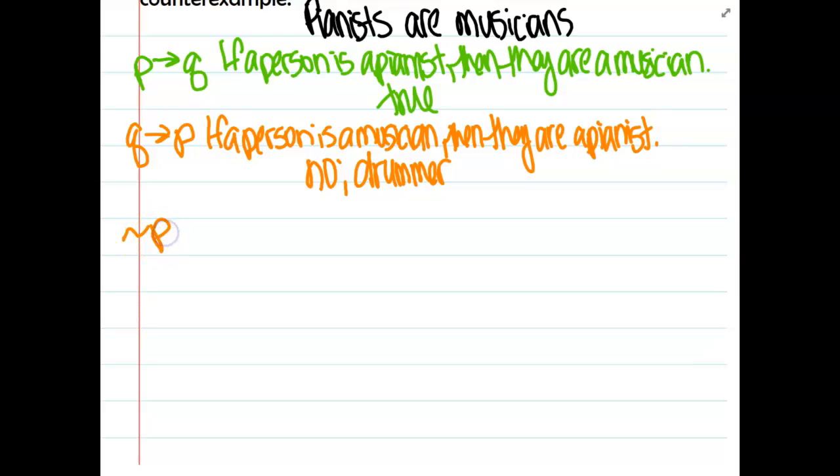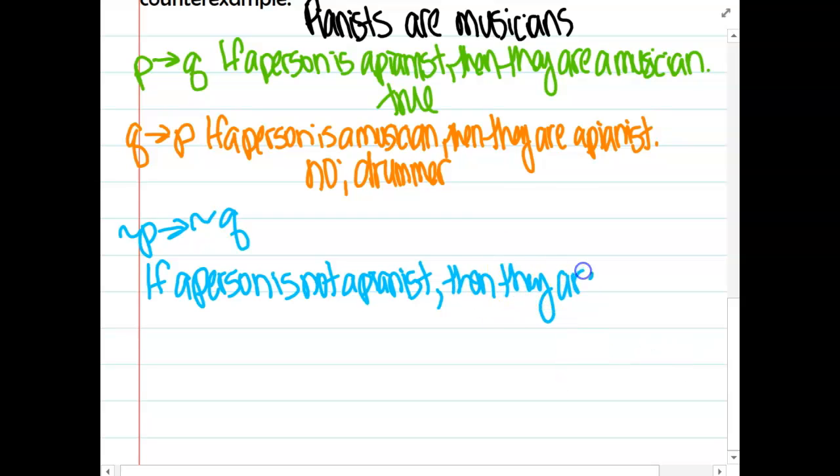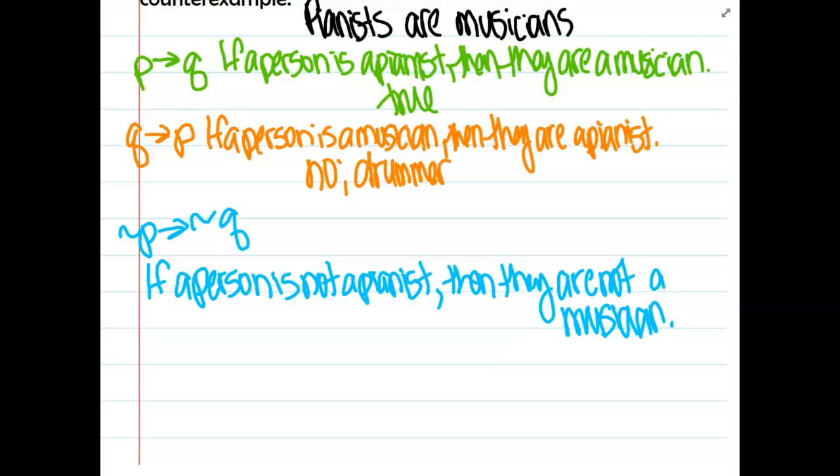Notation-wise, it looks like this: if not P, then not Q. And it's going to read like this, going back to the original one: if a person is not a pianist, then they are not a musician.